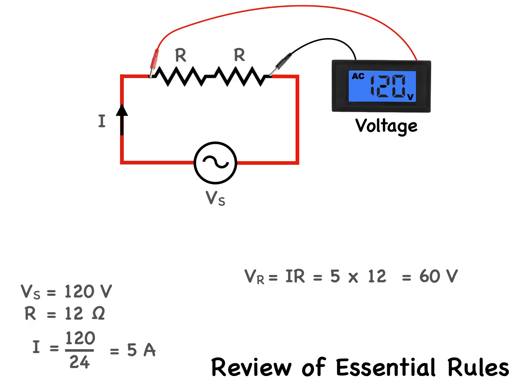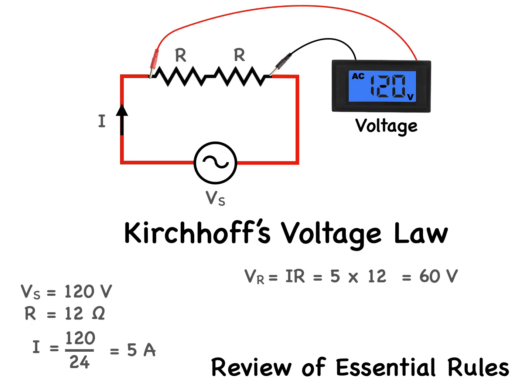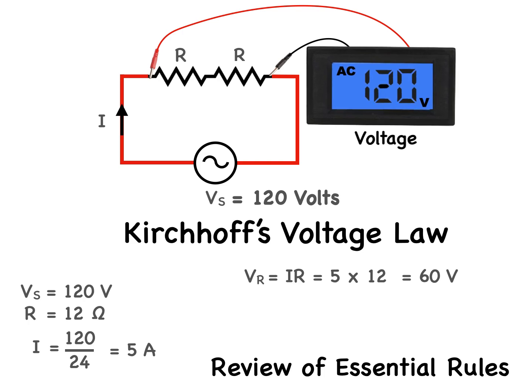This demonstrates what is known as Kirchhoff's voltage law, which states that the total voltage drop across the load in a circuit will equal the supply voltage to that load. Or another way of saying it is that the sum of the voltage drops around a circuit loop will add to zero.